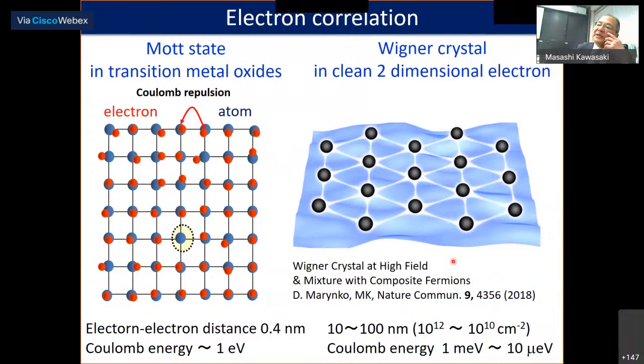And the second question would be, if you have a mixture between the Wigner crystal and metallic state, we don't have any typical length scale. But we see, for instance, this paper, Marienko 2018, argued the mixture of the Wigner crystal of electrons and the composite fermion liquid.